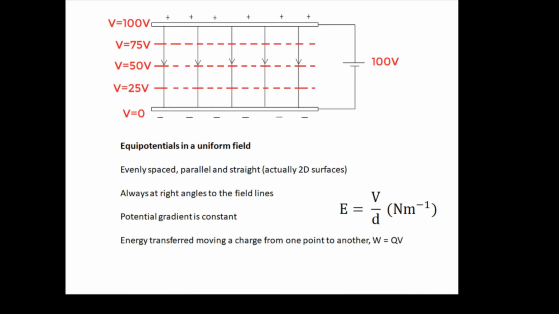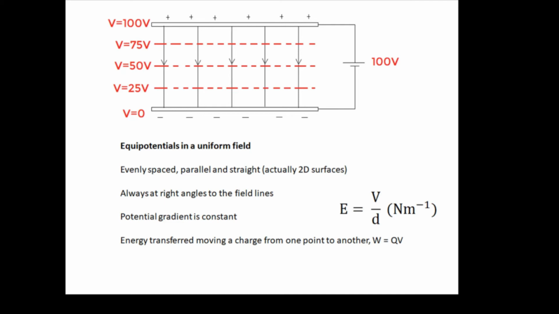Equipotentials in a uniform field, they are evenly spaced, parallel and straight. Of course, they're not lines, they're actually 2D surfaces. They're always at right angles to the field lines. The potential gradient is constant. Because the potentials are evenly spaced, if you did a graph of potential against distance, it would be a straight line.